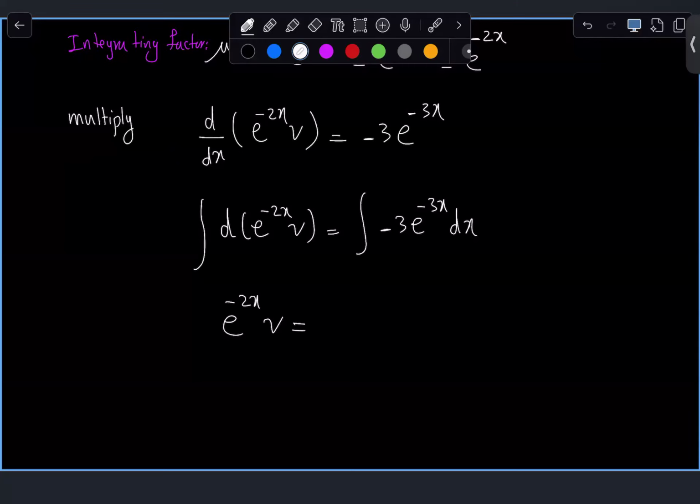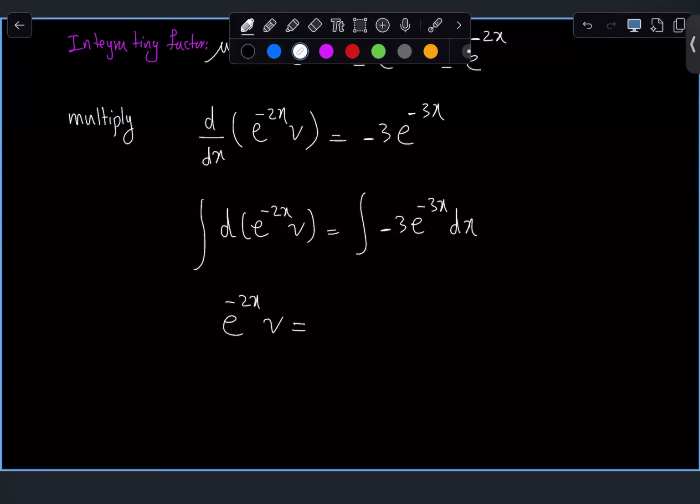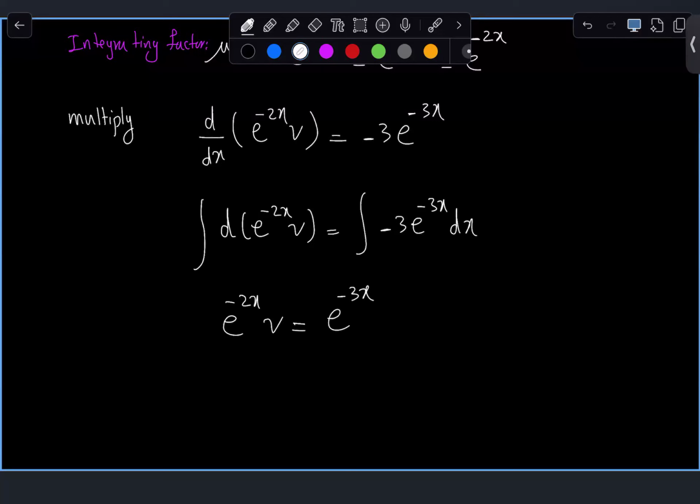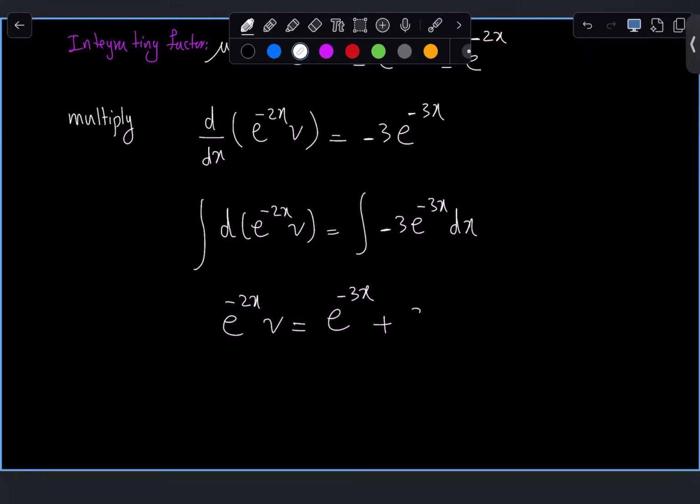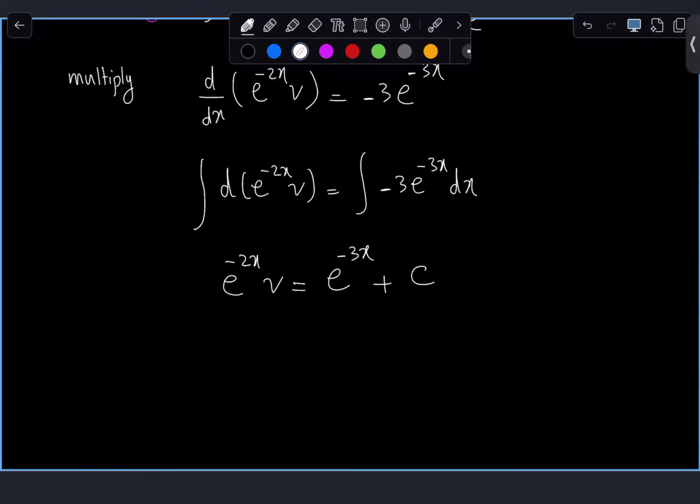Is it 9, or, you're doing the derivative, so you divide by -3, which just is 1, right? So e to the -3x plus some constant c. Always check when you integrate: go back and take the derivative, do you get that? So if I take the derivative of e to the -3x, I get that, right?